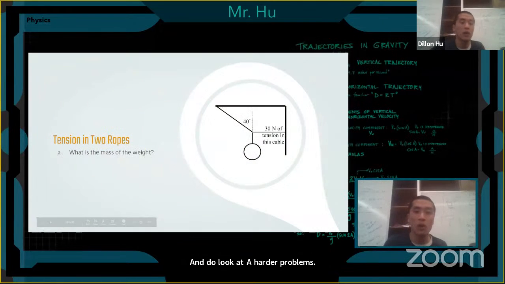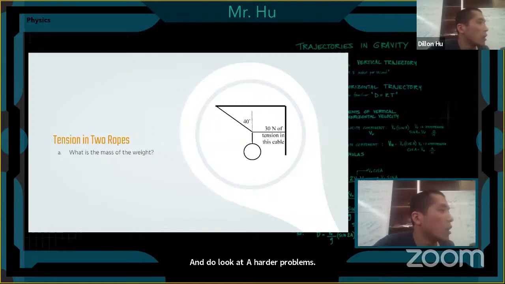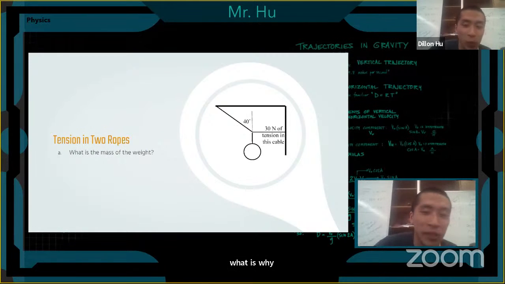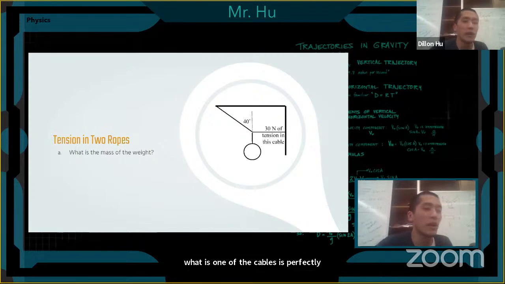Okay, so what if one of the cables is perfectly horizontal and the other one is coming in at an angle? How would we do this problem?